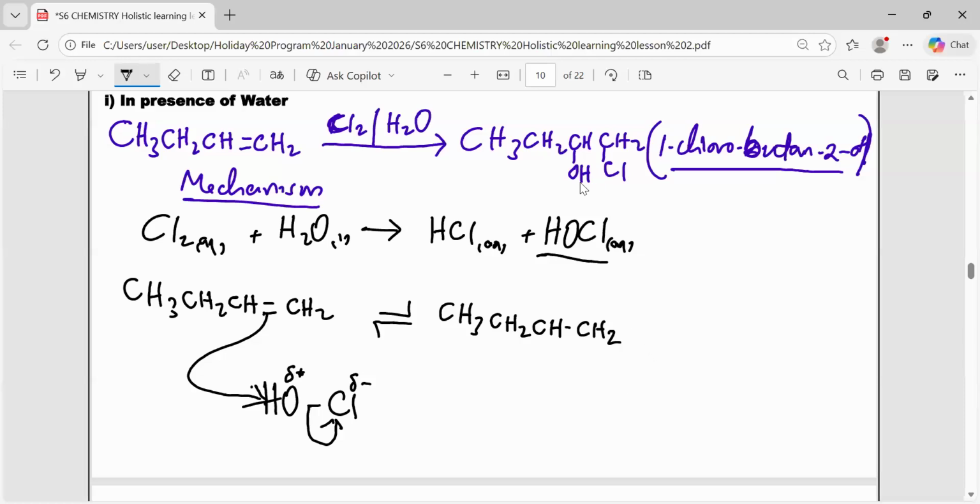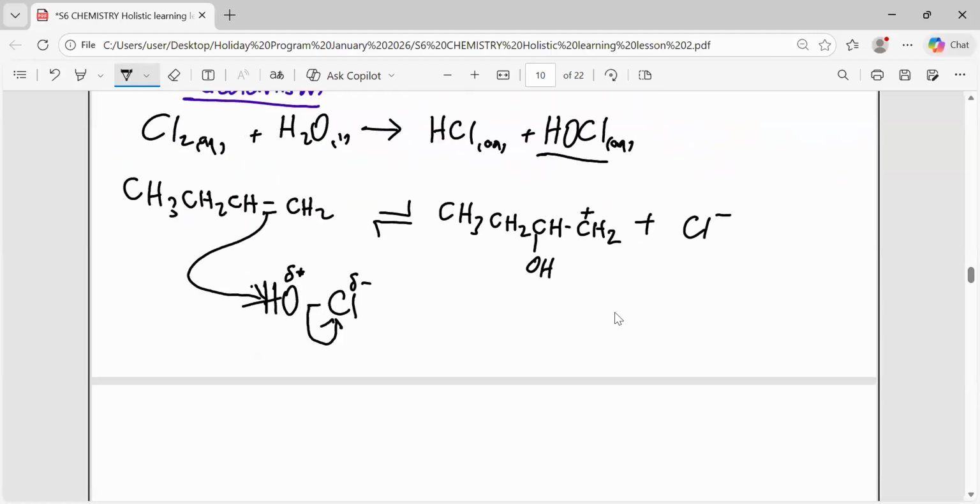Maybe if we don't follow the Markovnikov rule, we are going to put OH, which means your OH will be put here, and then here becomes a cation. And then we shall have Cl.